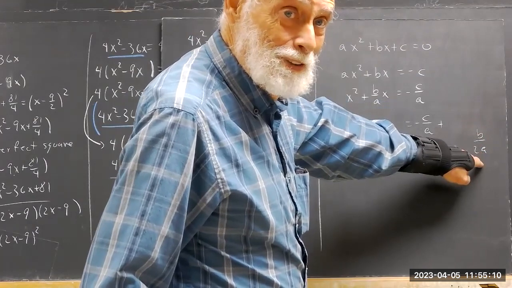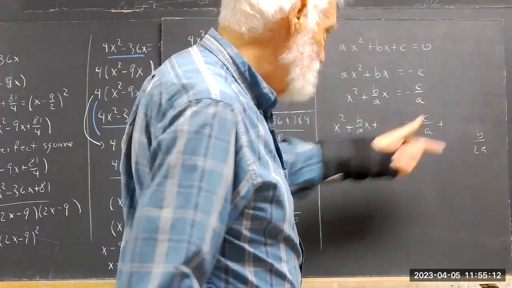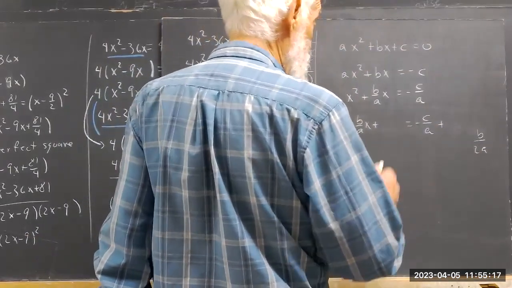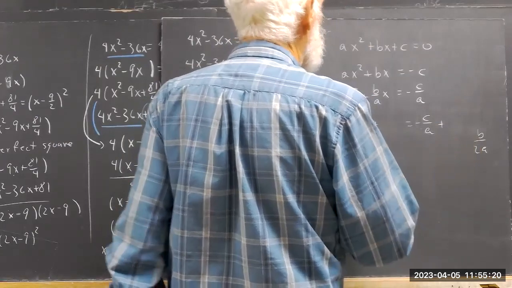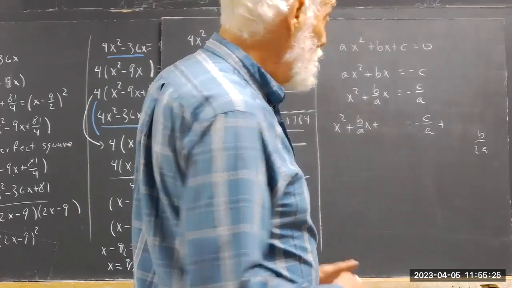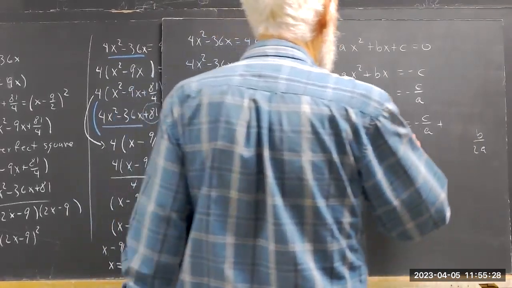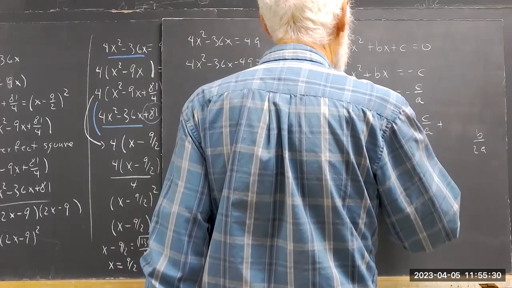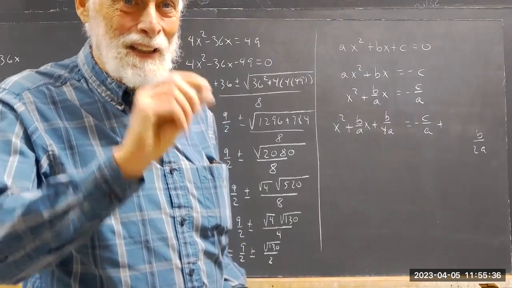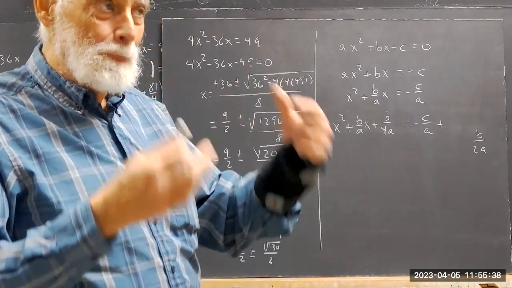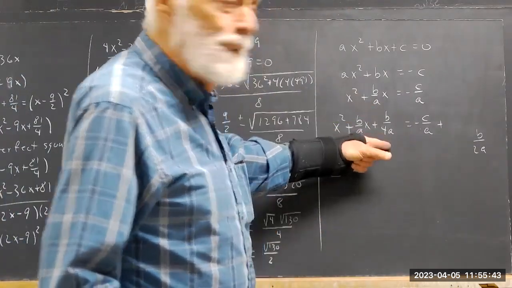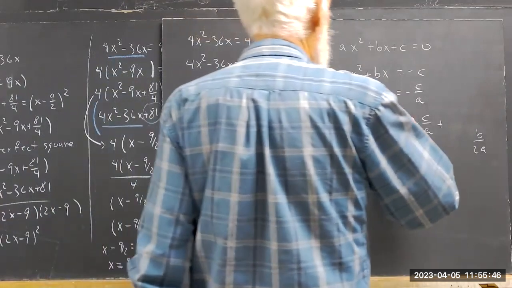Of course, we recognize that from the quadratic formula, but you're going to see how that works out in just a second. Now, what we have to do is take half of this coefficient and square it. What we do is take half of this thing, square it, and add that.